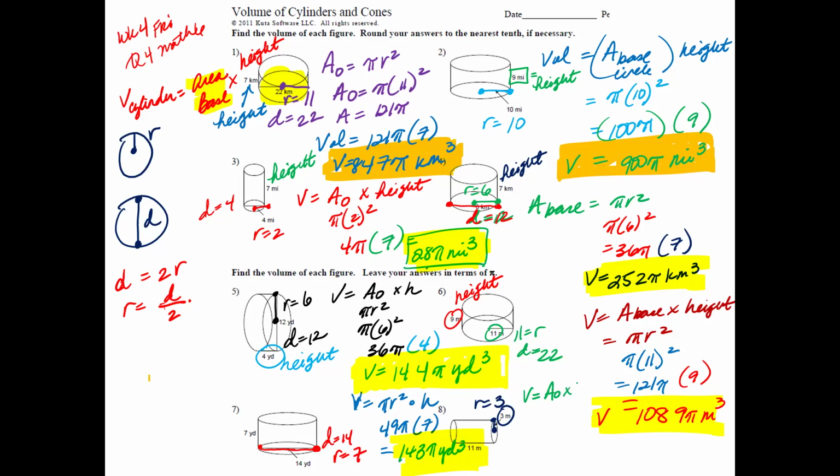Area of the base times height. What's your area of the circle? How'd you get 9 pi? What's the formula for area of circle?